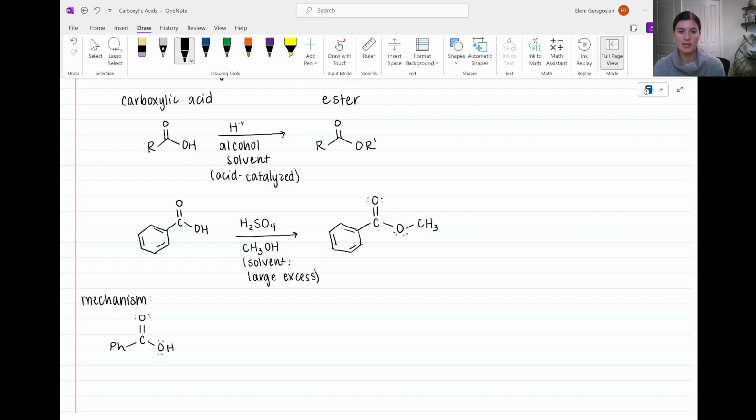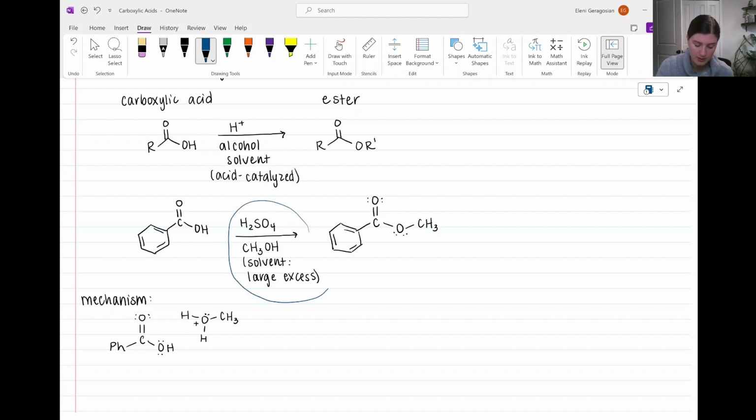And so for the first step, when we are showing that the carbonyl oxygen gets protonated, that will be shown with protonated methanol, because this is a better proton donor. Let's just be a little bit more explicit.